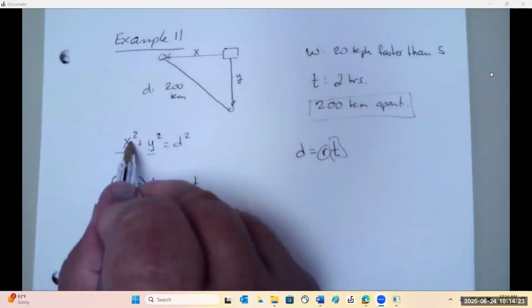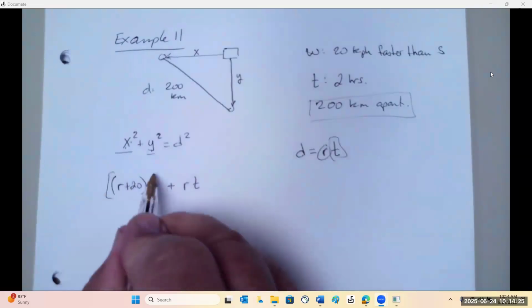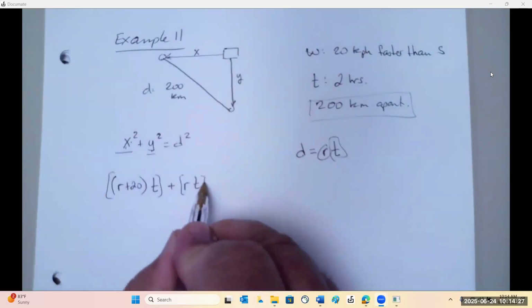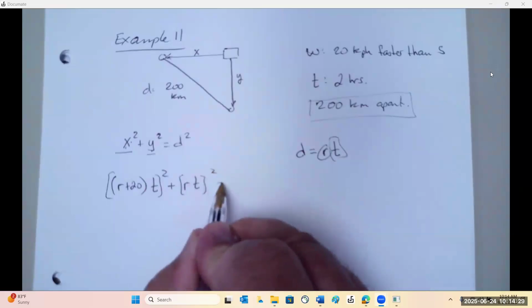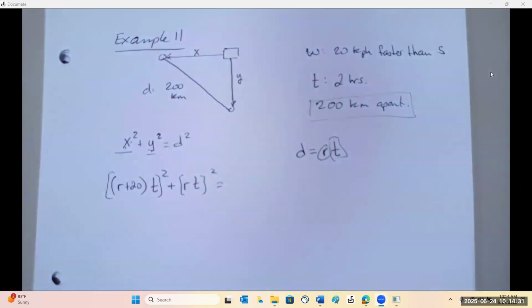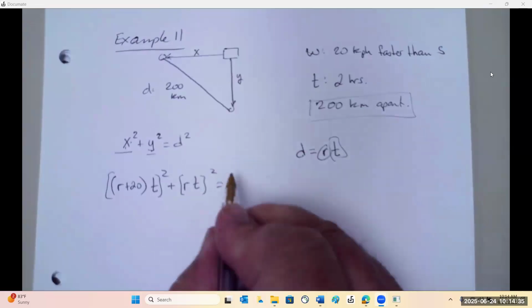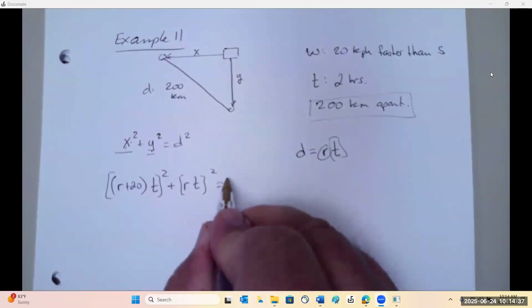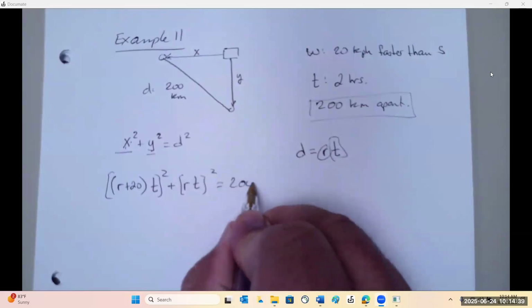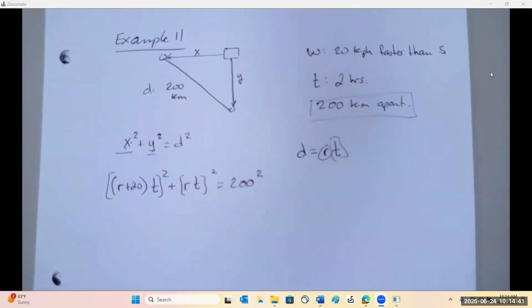Remember, these are squared. So what's my D? 200, and it's squared.